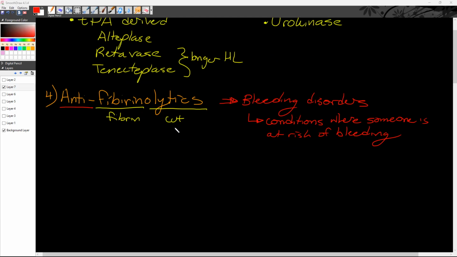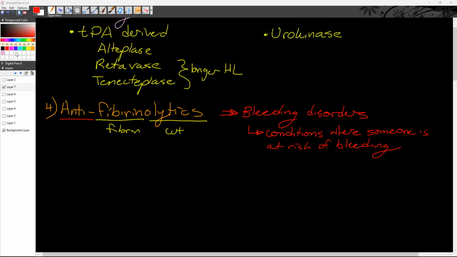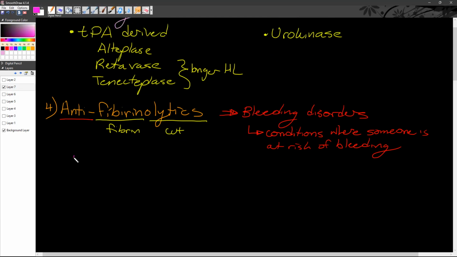And so the two drugs that are used are tranexamic acid, I think that's how you spell it, and then the other one is aminocaproic acid.